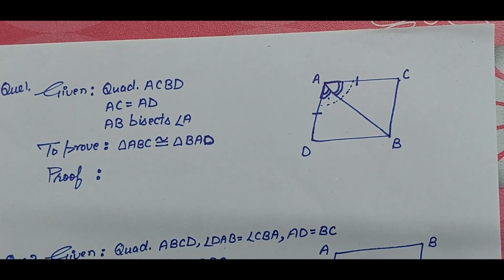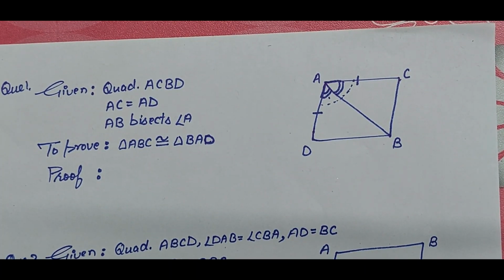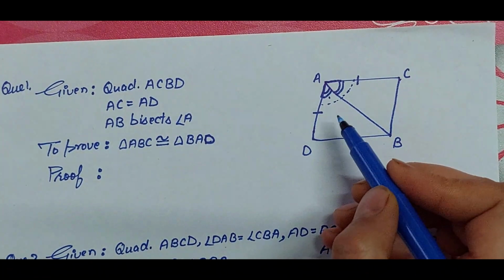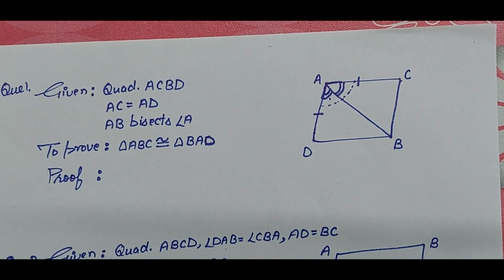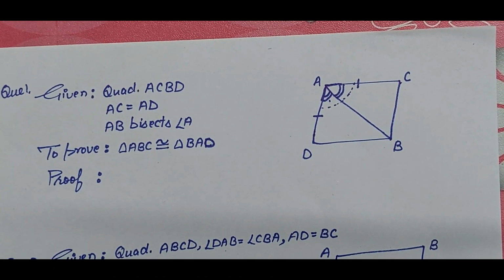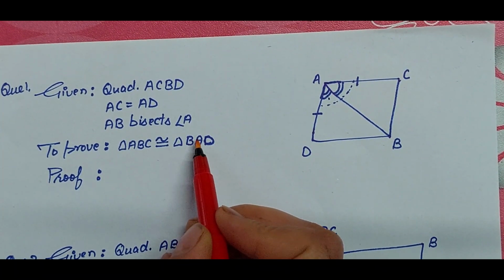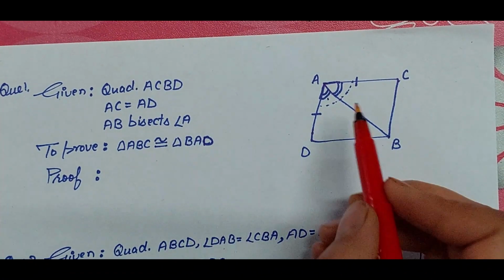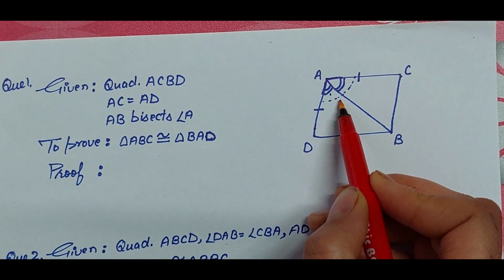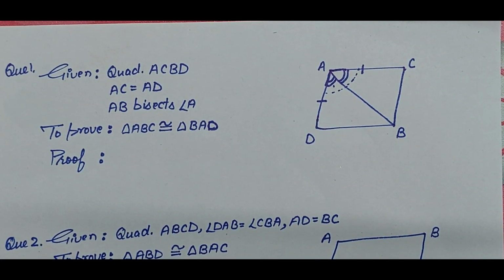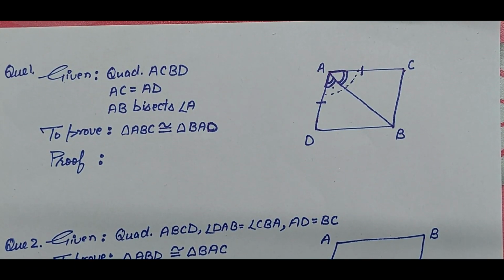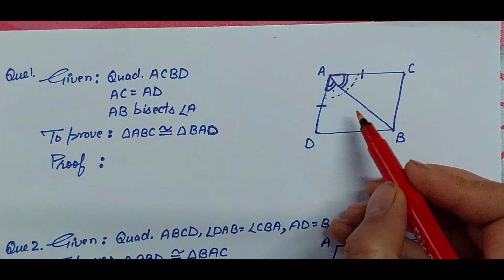I want you to go through the whole thinking procedure before we actually start the proof. If you have to prove two triangles congruent, we need three equalities. Here two are given. So where is the third one? You have to think about it, and the moment you get it, you have to label it and highlight it.